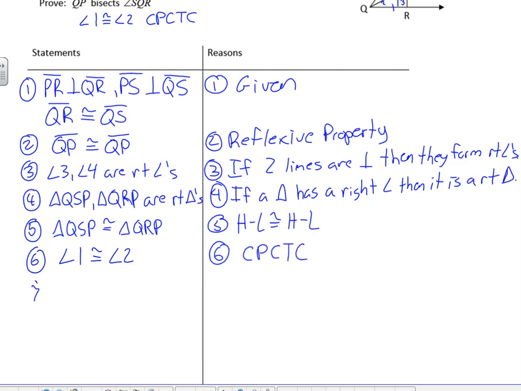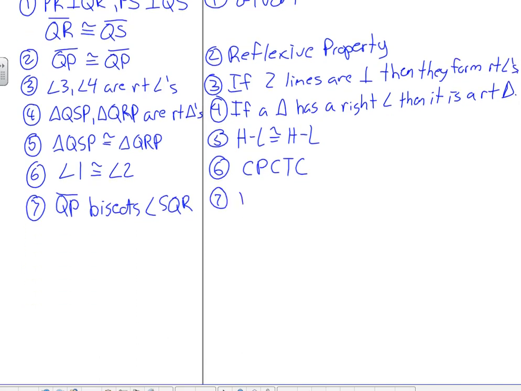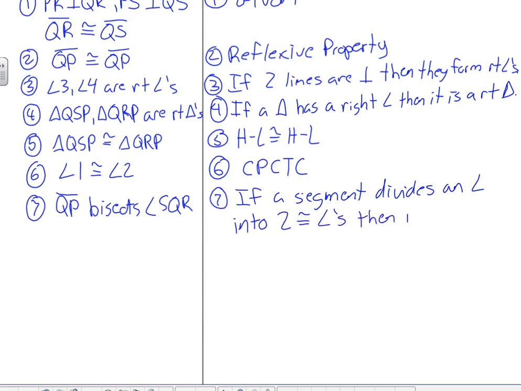And since 1 and 2 are congruent, that means that QP bisects angle SQR. And how would we say that? Well, we'd say if a segment divides an angle into two congruent angles, then it is an angle bisector.